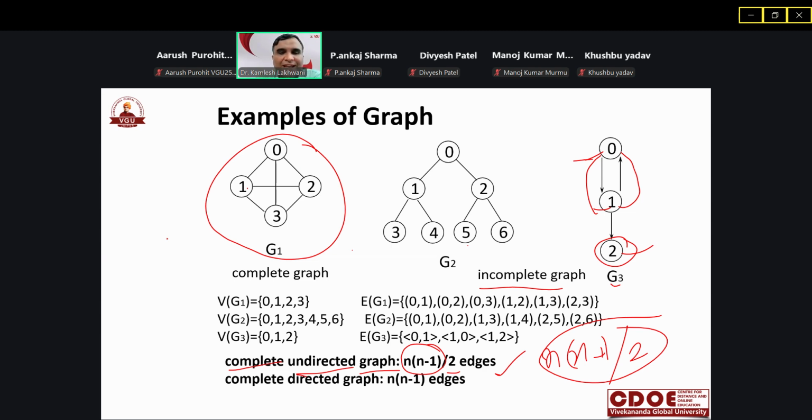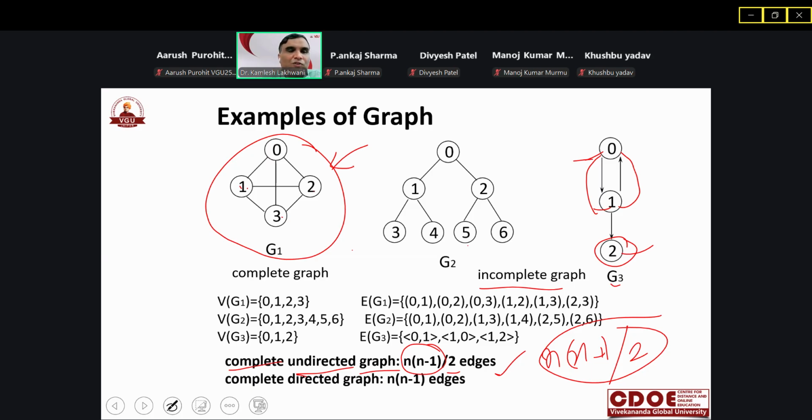So where n is the number of nodes, with the help of the number of nodes, we can calculate the number of edges. 1, 2, 3, 4. There are 4 nodes available over there. So the total number of edges in an undirected graph, and this is undirected because there is no direction available on the edges. Direction is not mentioned on the edges.